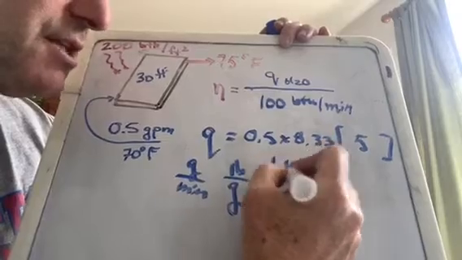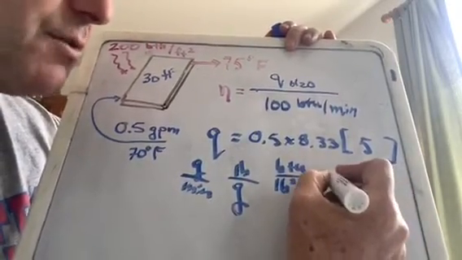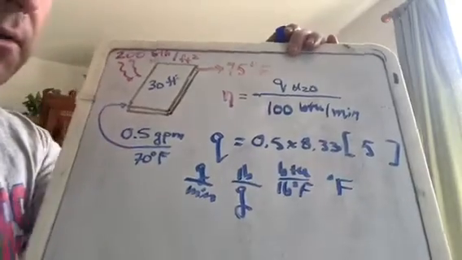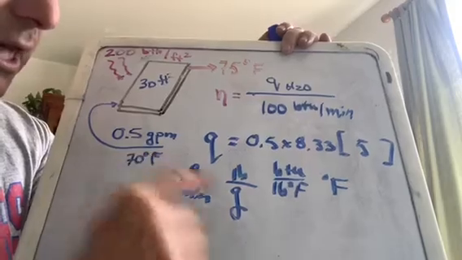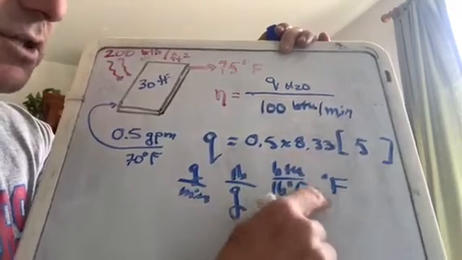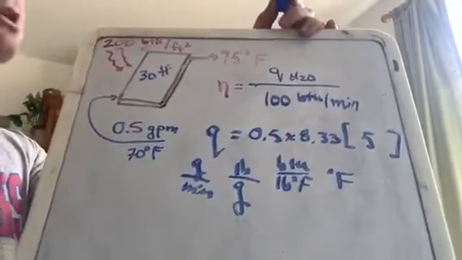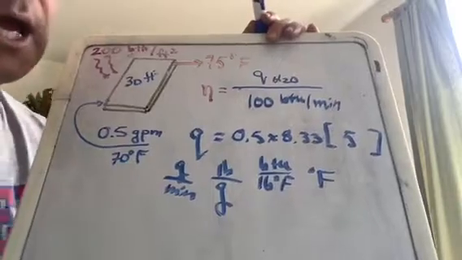The specific heat is BTUs per pound degree Fahrenheit, and this 5 degrees is a change in temperature of 5 degrees Fahrenheit. So if we go through that, we get a lot of canceling. Gallons are gone, pounds are gone, degrees Fahrenheit is gone, and we get BTUs per minute. So we can see how much energy we actually had going into the water and take it from there.